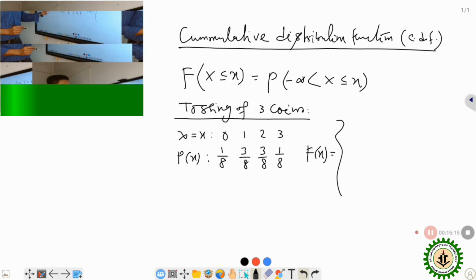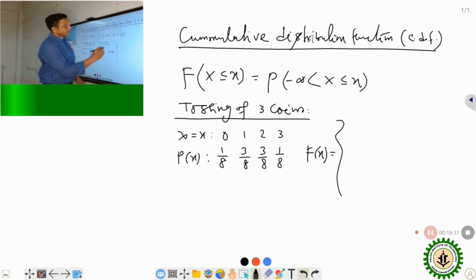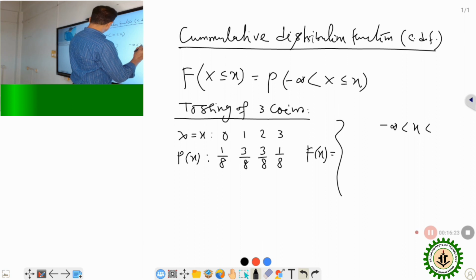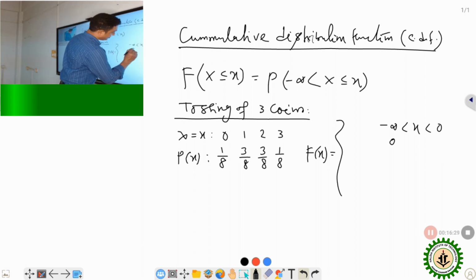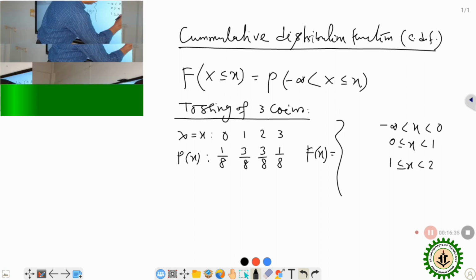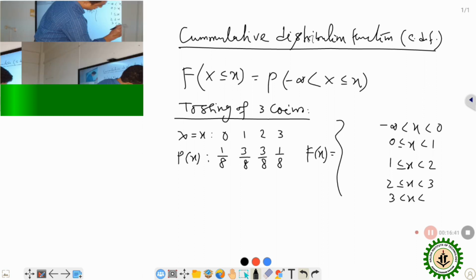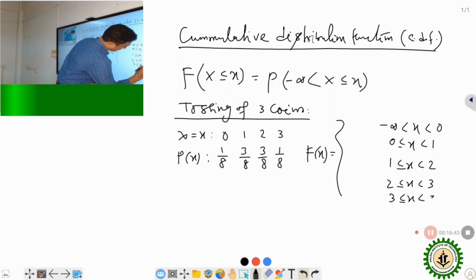All of them are starting from minus infinity. So, the first one is from minus infinity less than x less than 0, then 0 less than or equal to x less than 1, then 1 less than or equal to x less than 2, 2 less than or equal to x less than 3, and 3 less than or equal to x less than infinity.